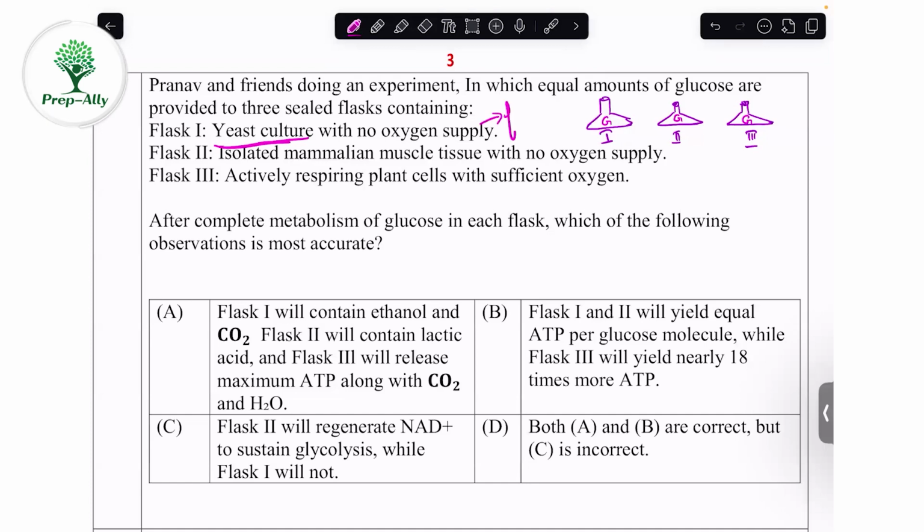No oxygen supply, yeast culture is there, so definitely a process called fermentation should be happening. If we take flask two, they have told mammalian muscle tissue with no oxygen supply. This is also anaerobic respiration. Here also anaerobic respiration.